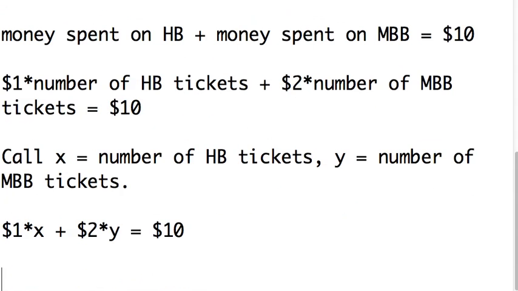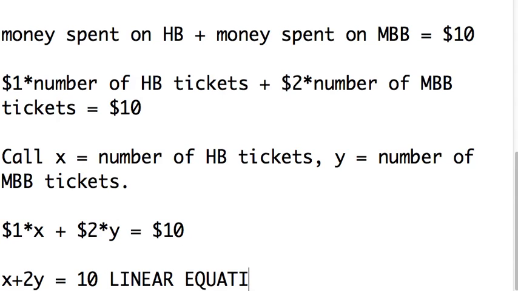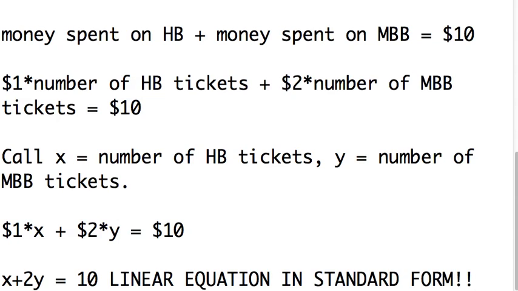Or getting rid of the dollar signs, 1 times x, which is just x, plus 2y is equal to 10. Hey, that is a linear equation in standard form. Yay.